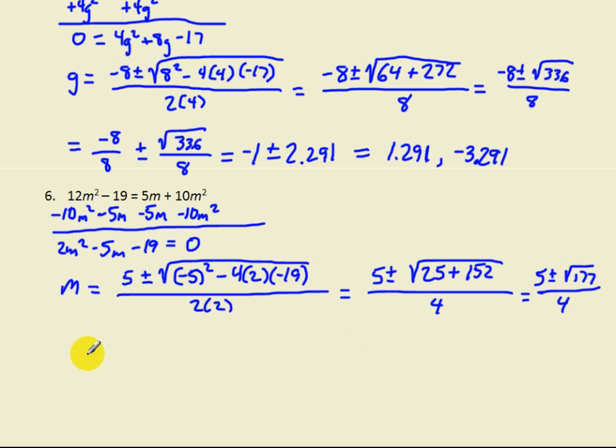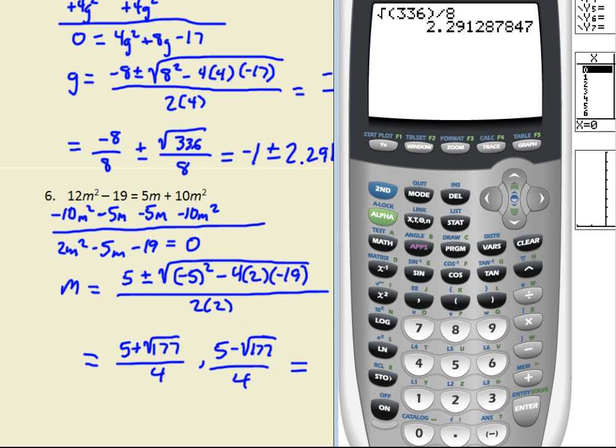And I'm going to go ahead and write that as two separate solutions. So 5 plus the square root of 177 over 4, and 5 minus the square root of 177 over 4. And now because we're asked to round to the nearest thousandth, we're going to go ahead and calculate those.